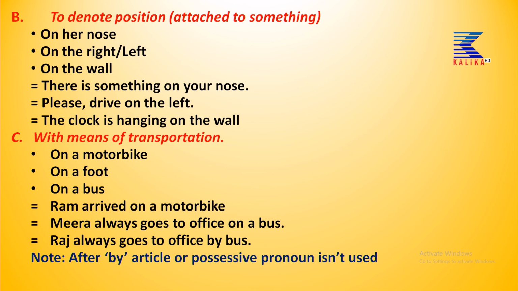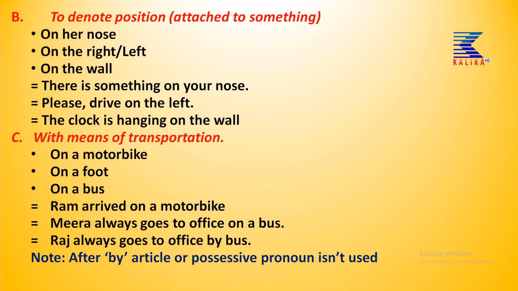The clock is hanging on the wall. So, these are the examples in a sentence, children. We use on to denote position. On is the preposition.